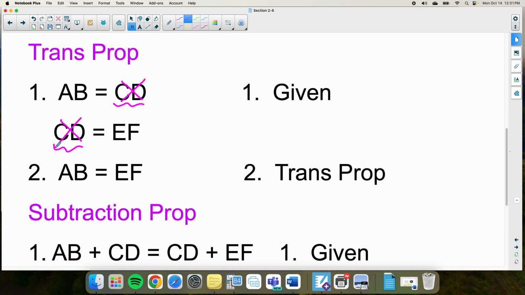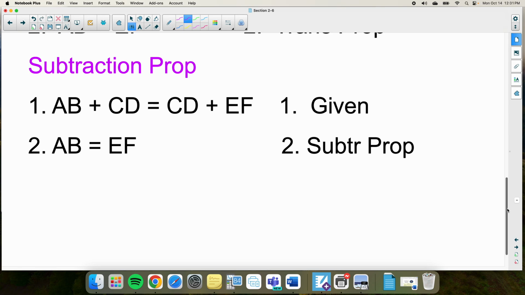Okay, that's transitive. Subtraction, you have 1 equation, and like CD would be added to both sides, and you would subtract it away. So that's subtraction property. Do you see the difference between the 2?